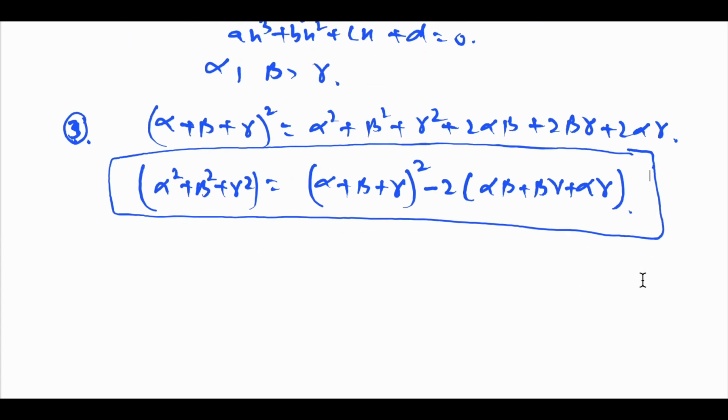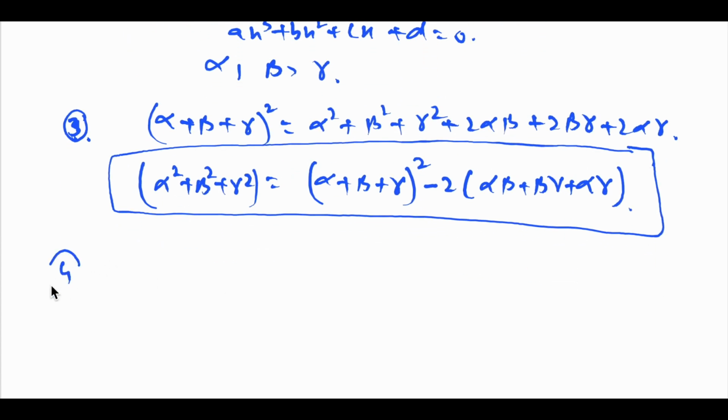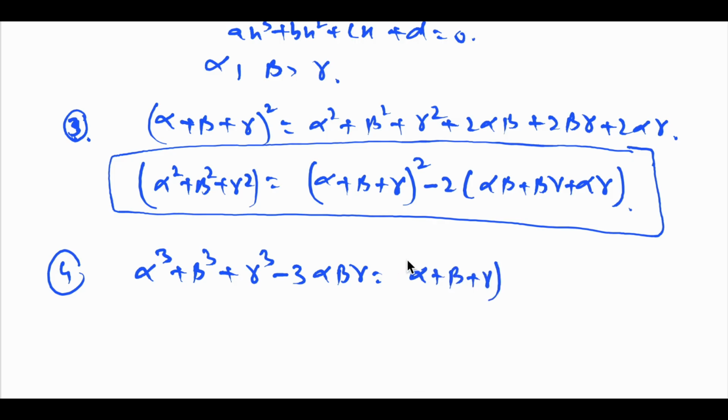For this, another thing you must remember, the fourth formula. I can write alpha cube plus beta cube plus gamma cube, and always minus 3 alpha beta gamma. This is the basic formula in algebra, and it is always equal to the factors, alpha plus beta plus gamma. You can remember this very easily. First, alpha cube plus beta cube plus gamma cube minus 3 alpha beta gamma.